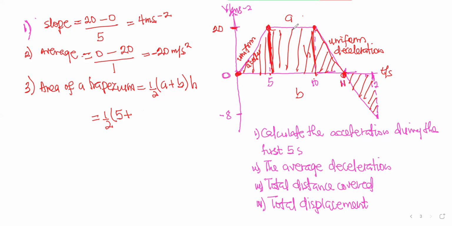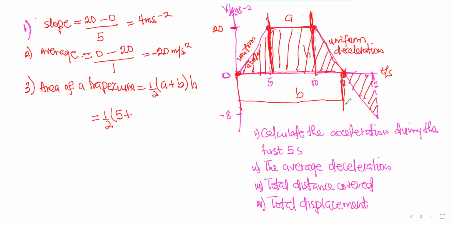So this is A. The two parallel sides, we have this side and then this side. This is the trapezoid shape. B starts from here and ends here, whereas A is also between these 2 points. So A is equal to 10 minus 5, which is 5.